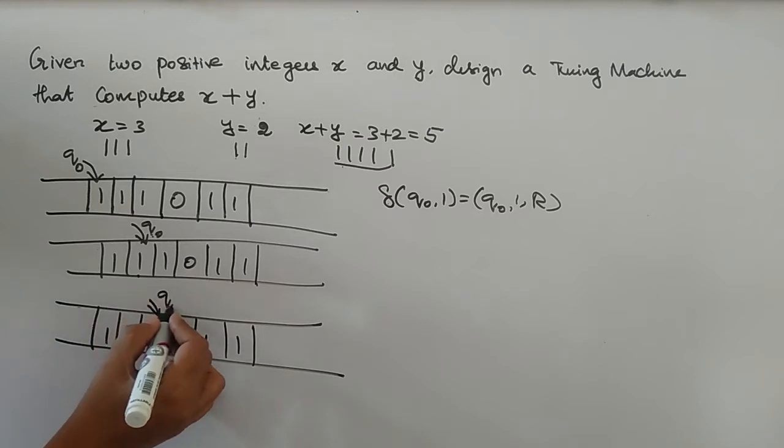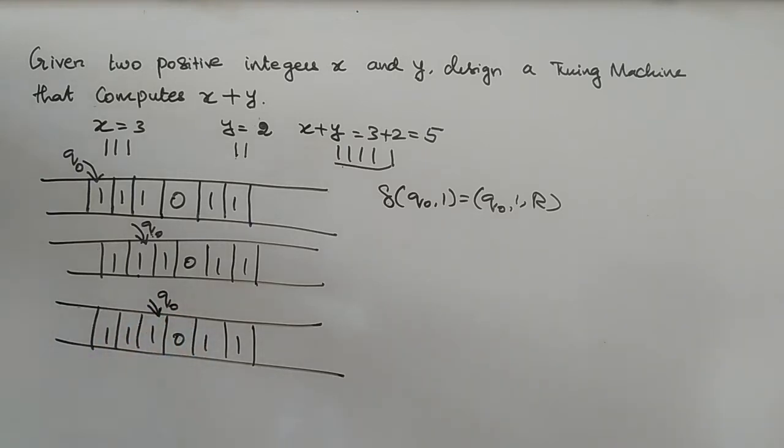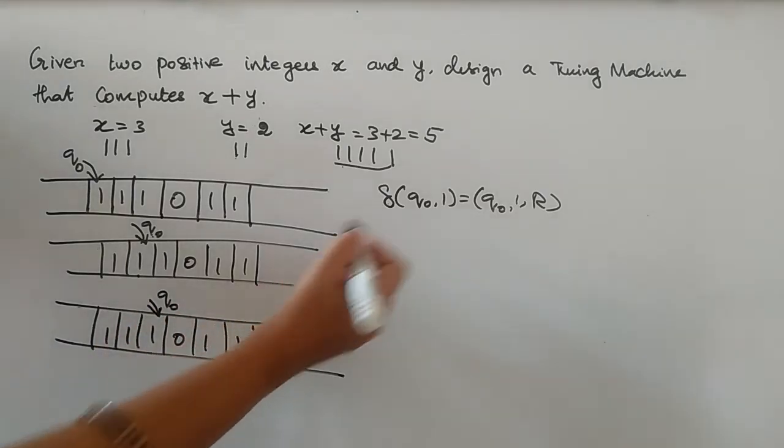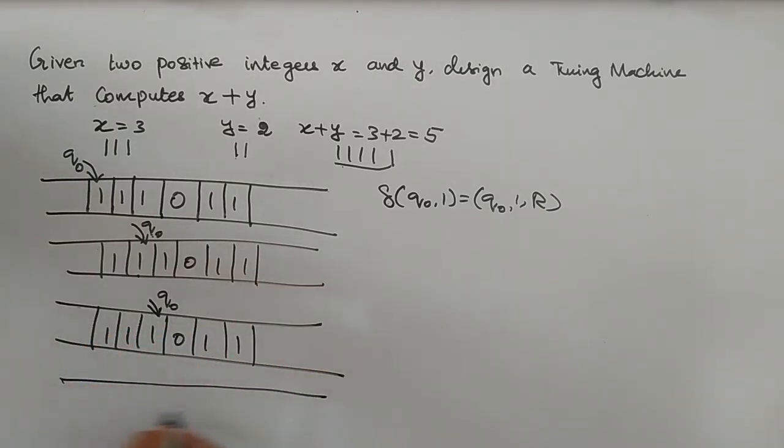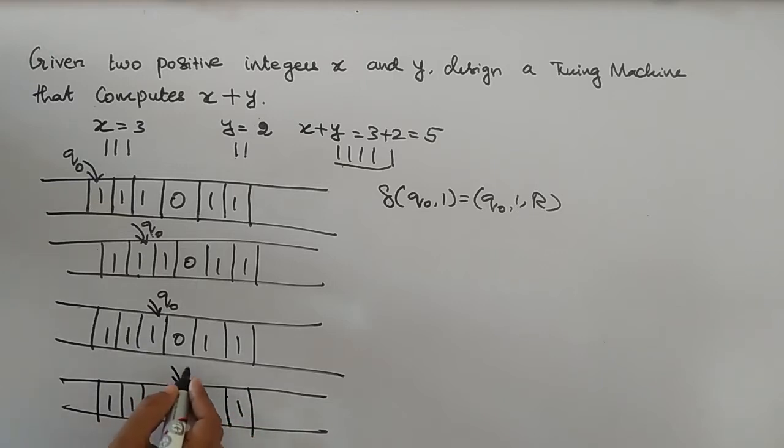Now it's pointing to the third digit 1. Again based on this transition, we can move the read-write head towards the right. Now it's pointing to 0.